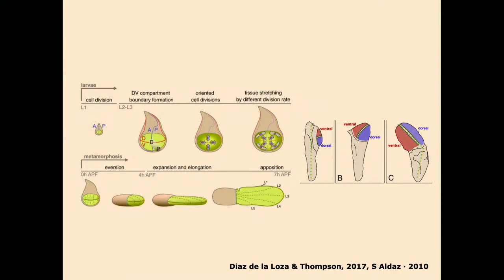A lot of cell stretching happens, and it's like this. It's a single layer, but there is a middle layer of cells which have slightly different properties, and this property is an emergent property of interaction between dorsal and ventral cells. This is, let's say, dorsal and this is ventral cell, and there's an imaginary boundary, and these boundary cells acquire new properties because of interaction between dorsal and ventral cells.